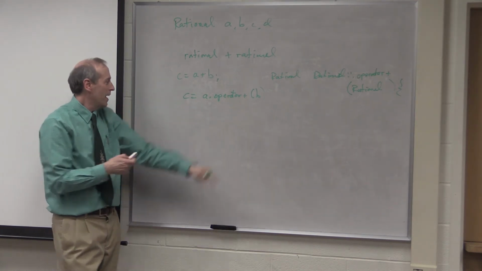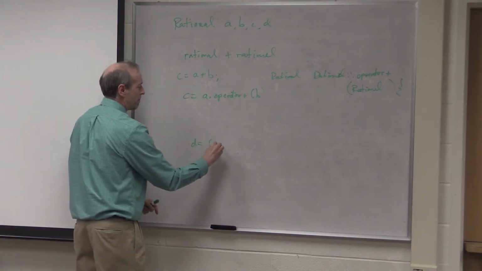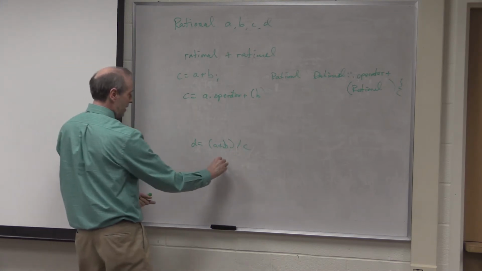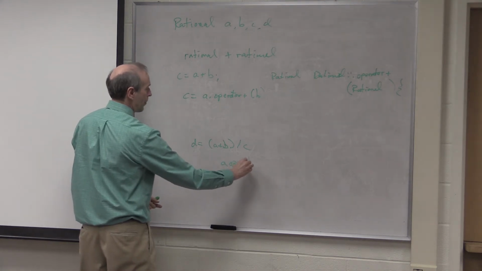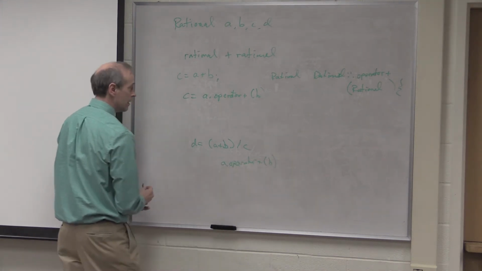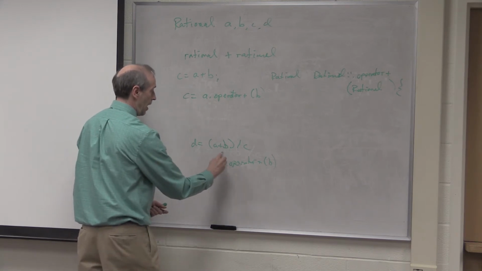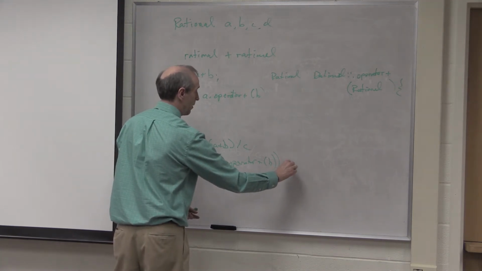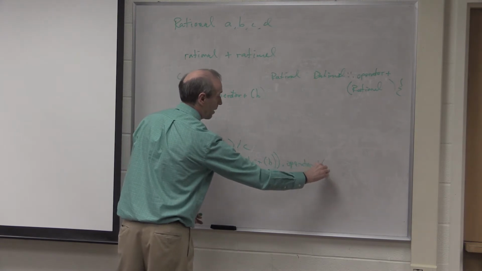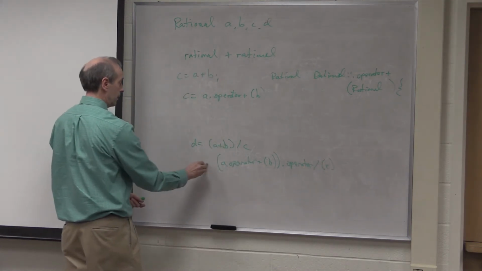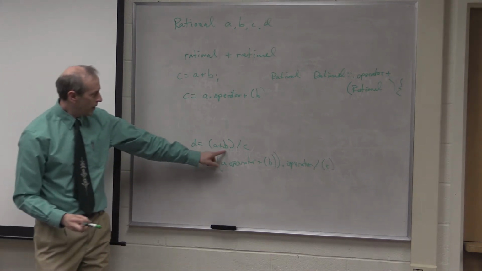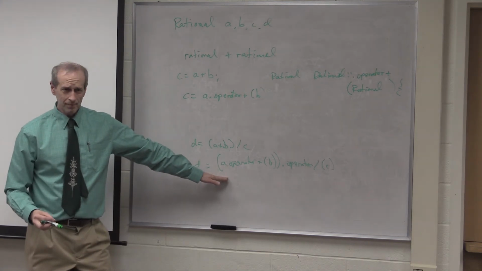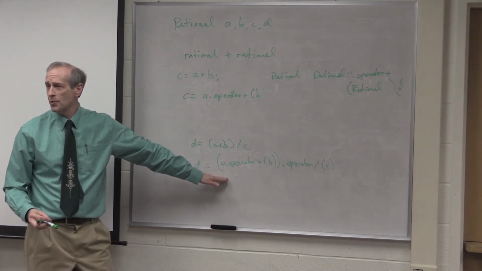That's all. If I would say D equals A plus B divided by C, basically that would be A dot operator plus B dot operator divided by C, and assign it to D. So when we write this, in fact the equivalent code that C++ is generating is in terms of method calls.